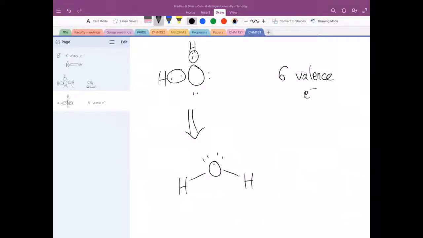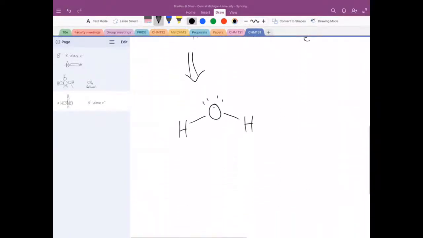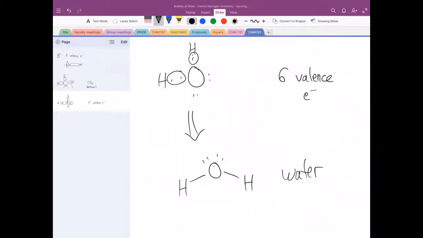I should have been explicit and said those dots are still there. So this is water, as you know, and it likes to form 2 bonds because, for oxygen, you have 2 unpaired electrons. Therefore, 2 bonds.